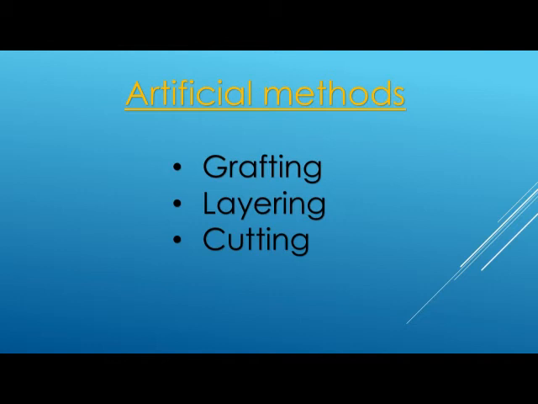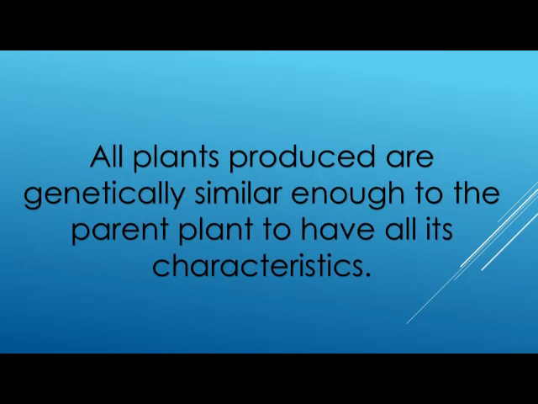Such methods also make possible the propagation of plants such as banana, orange, rose, and jasmine that have lost the capacity to produce seeds. Another advantage of vegetative propagation is that all plants produced are genetically similar enough to the parent plant to have all its characteristics.